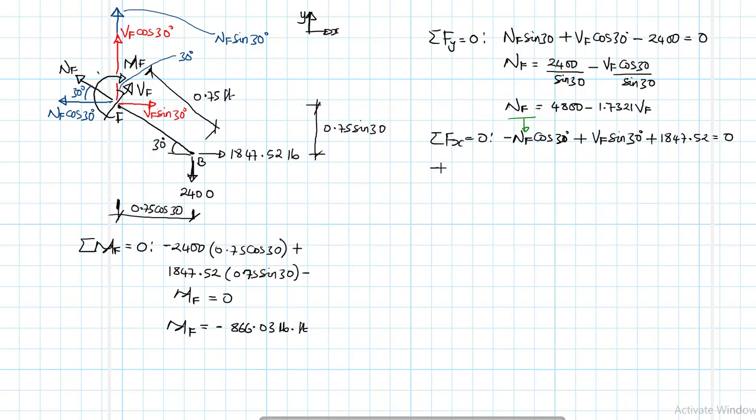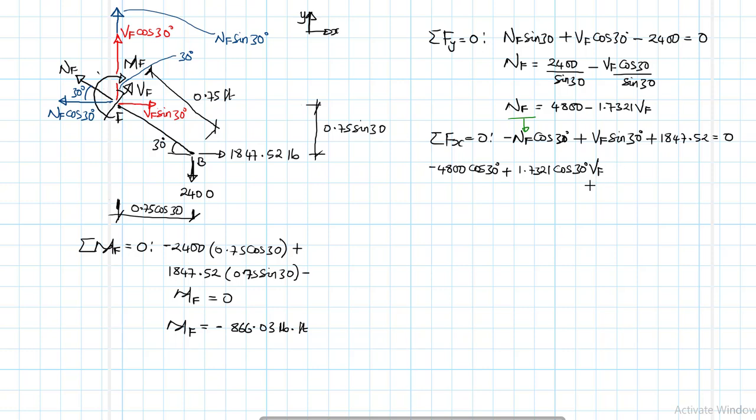If we did so, then we multiply by minus, and we get minus 4800 cos 30, and plus 1.7321 cos 30 VF.